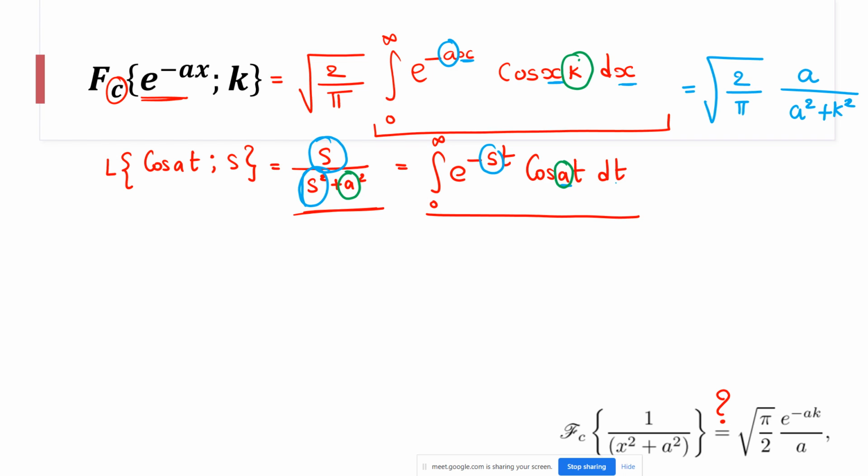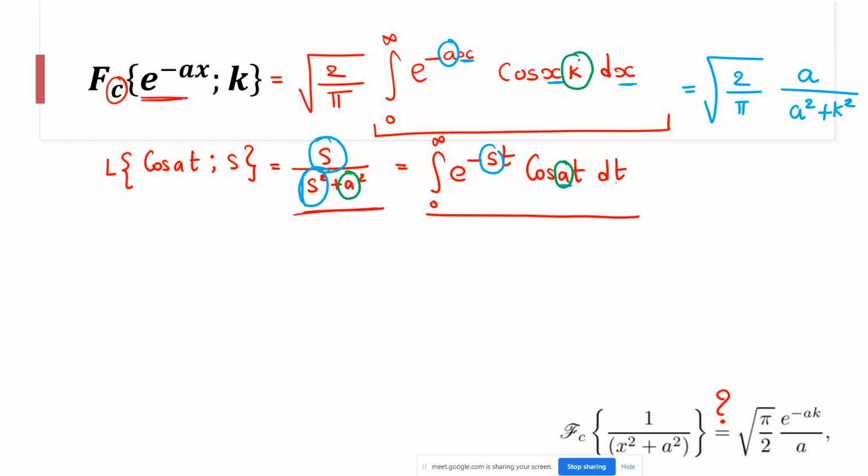So I just keep this as an exercise, because once we know Fourier cosine of e raised to minus ax, directly we can talk about Fourier cosine of 1 upon x square plus a square. The only place where everybody might get stuck is the change in the variable. So that is something that needs to be considered really carefully. It needs to be looked at properly. Otherwise we are using the same thing.